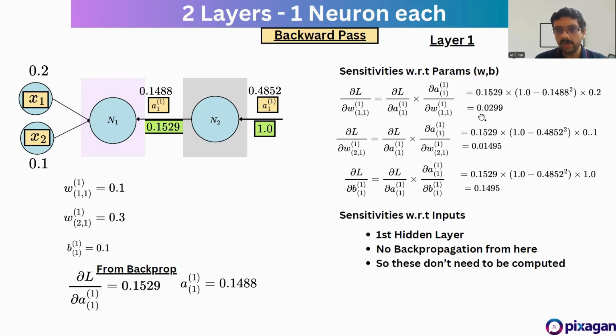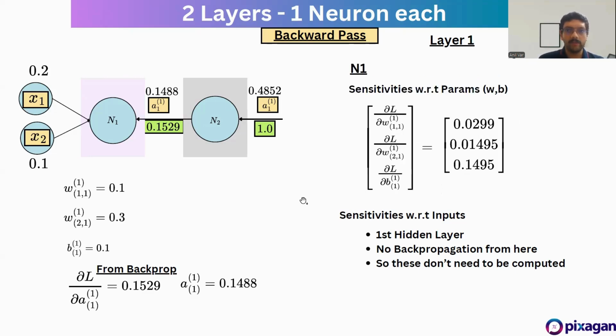And I haven't worked through each of these numbers because we've seen a little bit of this in the backpropagation and in the single neuron. So you know how the calculation works. The interesting part is how you chain the values from one layer and pass it back to the previous layer. So for this layer, one neuron, you've got the sensitivity with respect to the parameters. Sensitivity with respect to the inputs doesn't matter because it's the first layer in the network, or rather the first hidden layer.